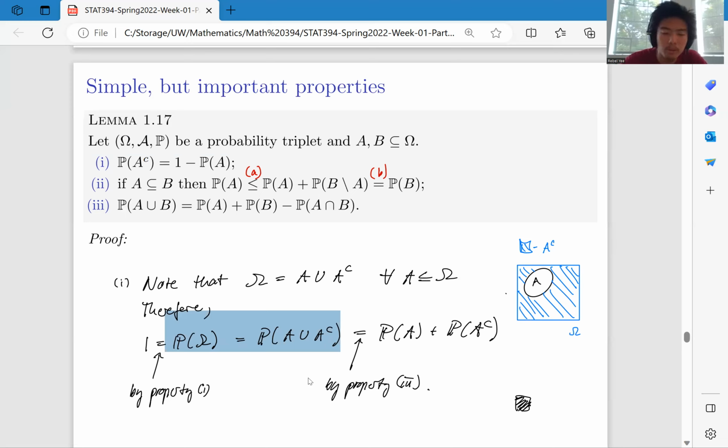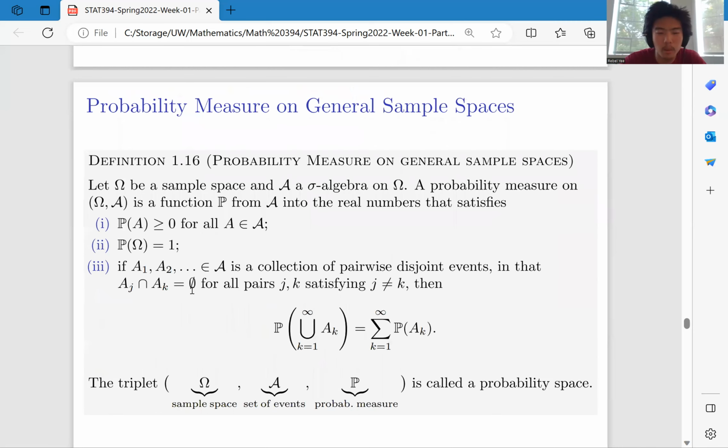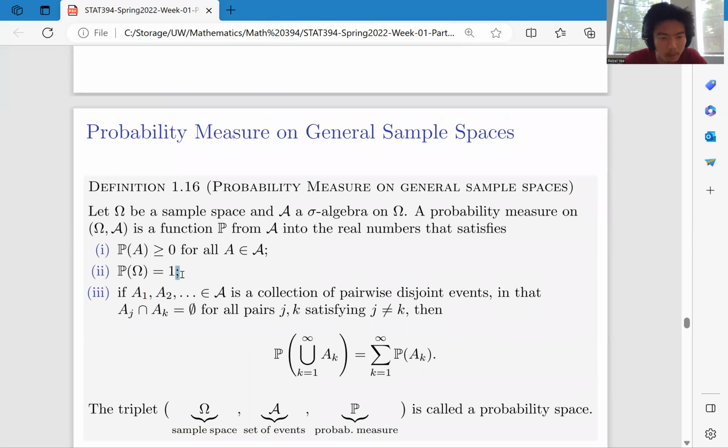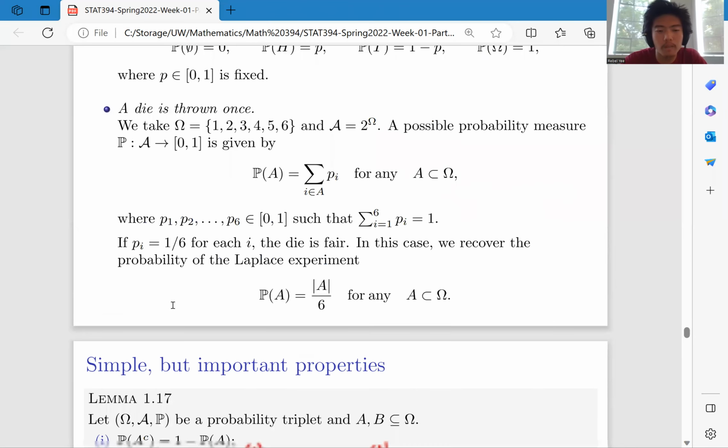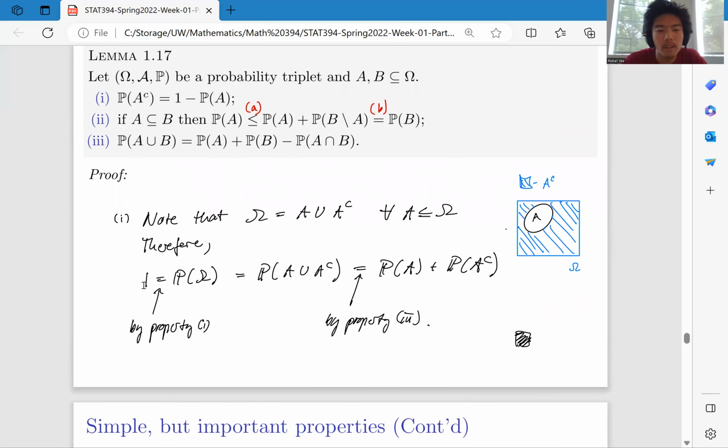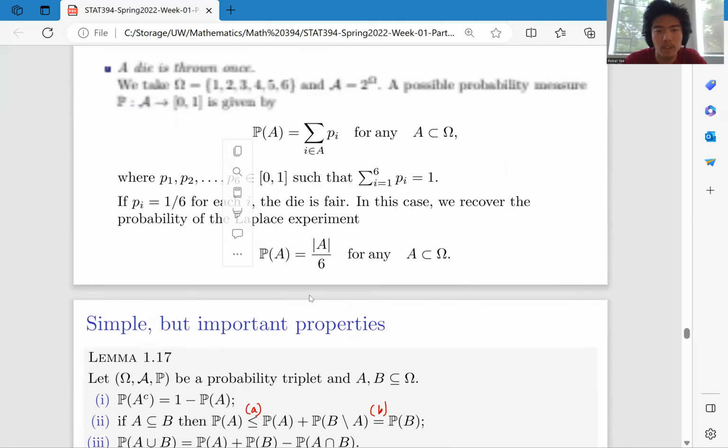Now we want to introduce property 2 here, which says the probability of omega happening is always equal to 1. So we can assign 1 to this value and use property 3.